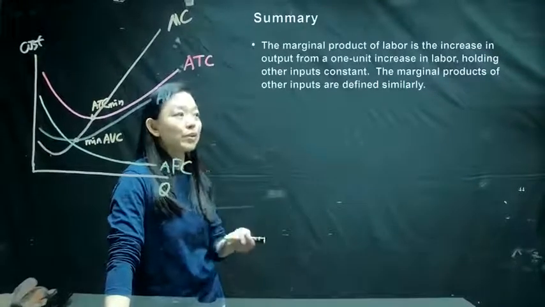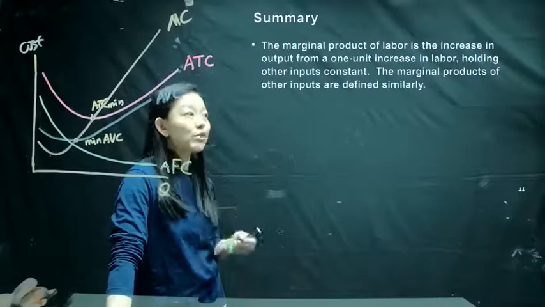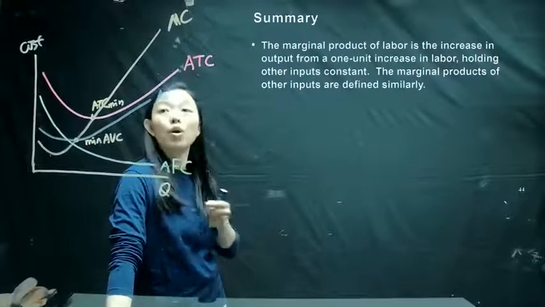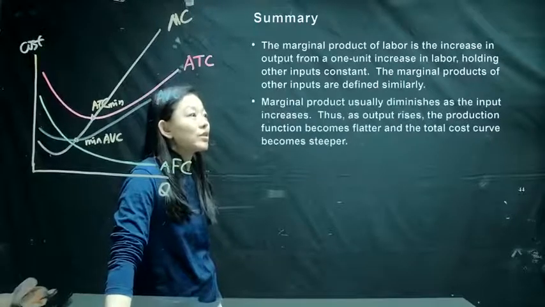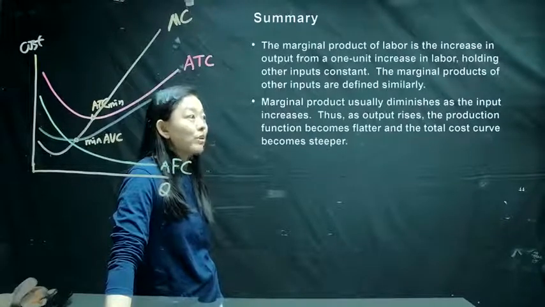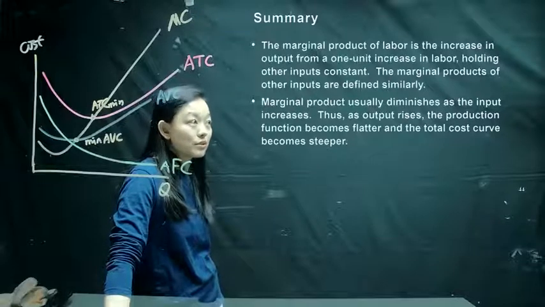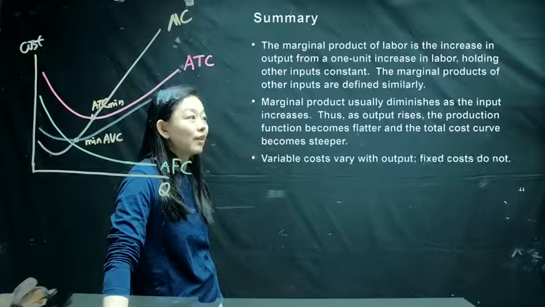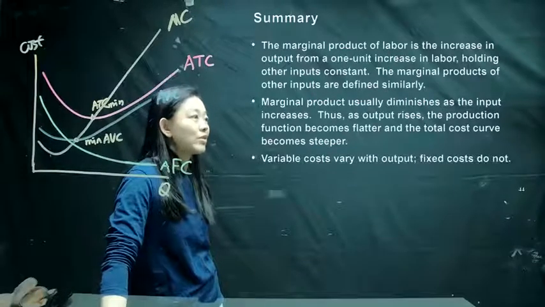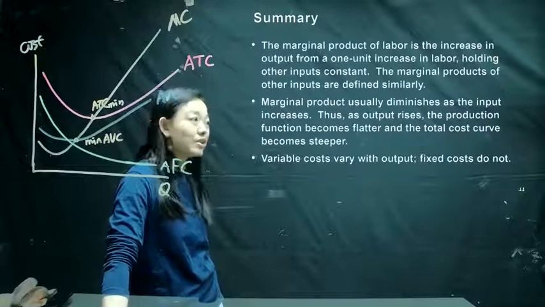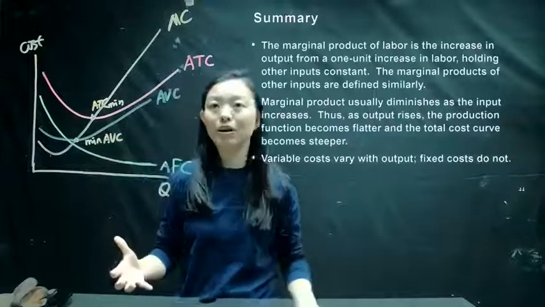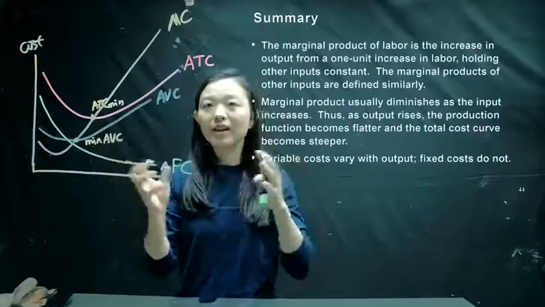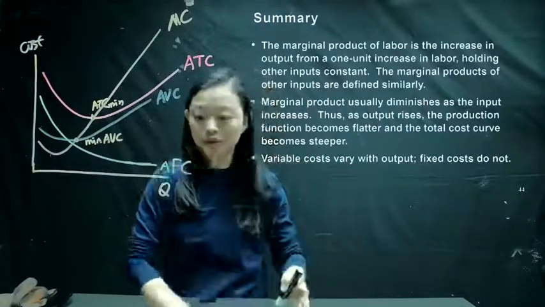It has a very important characteristic: marginal product eventually diminishes. So we say marginal product usually diminishes as input increases. We also talked about different types of costs, including fixed cost and variable cost. When we talk about fixed cost or variable cost, we relate those costs to outputs.